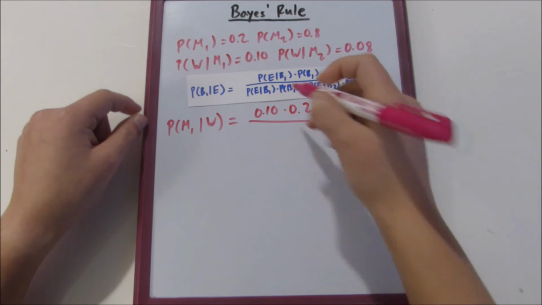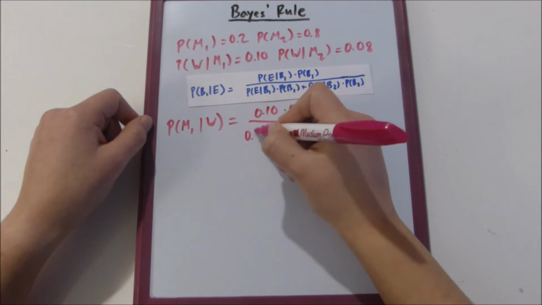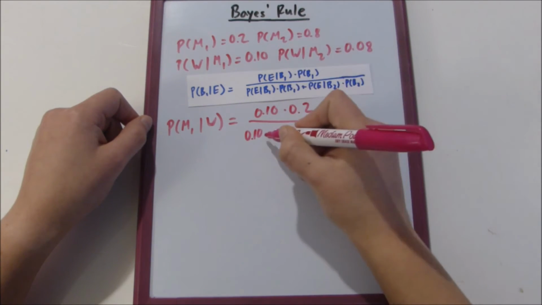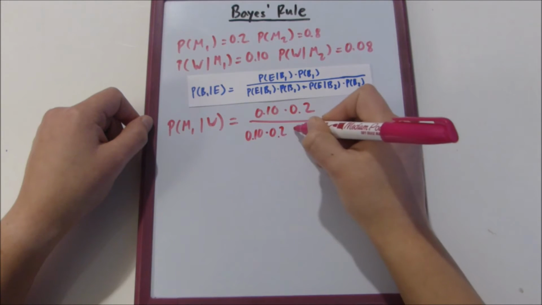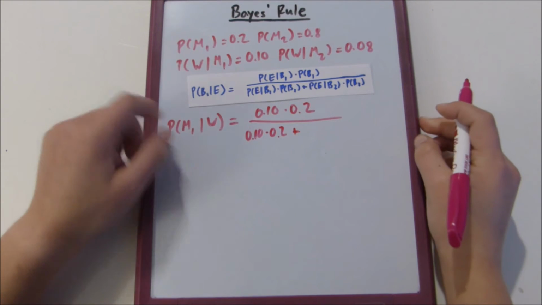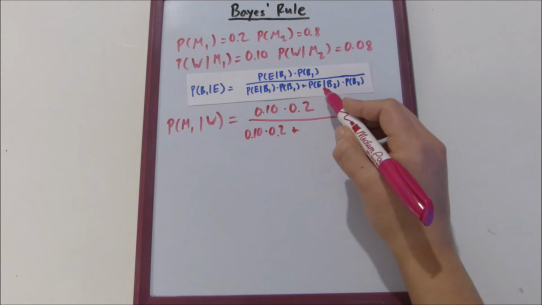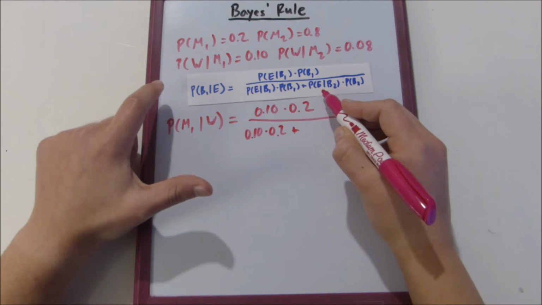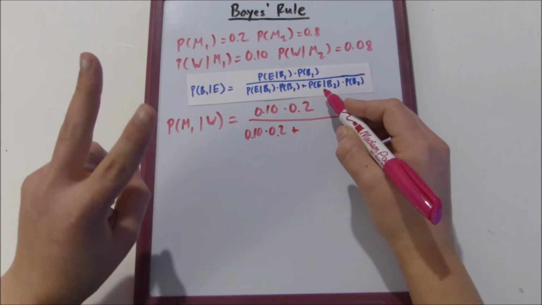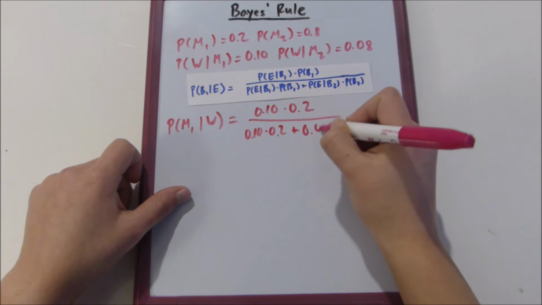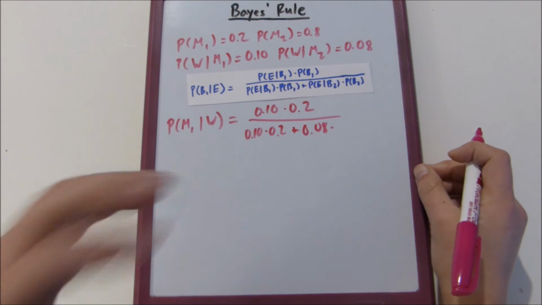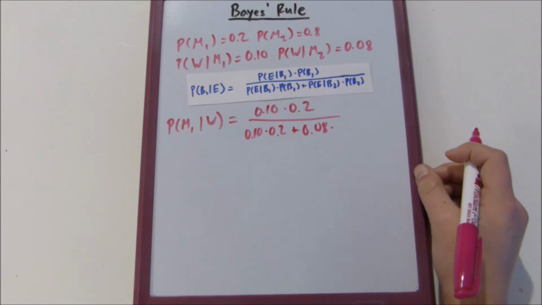Next, we just take the same numbers, right? Because these two are the same here, to find the total probability of being wrong. And then we want to find the probability of the second weatherman being wrong. So that would be 0.08 times, at what probability does Martha watch the second weatherman?